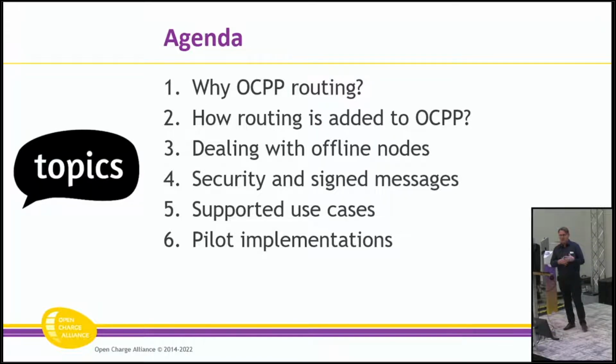I also mention something about security in a network, signed messages. The security and signed messages I will briefly discuss, and the kind of use cases that we can support with the routing, and finally the need for some pilot implementations.